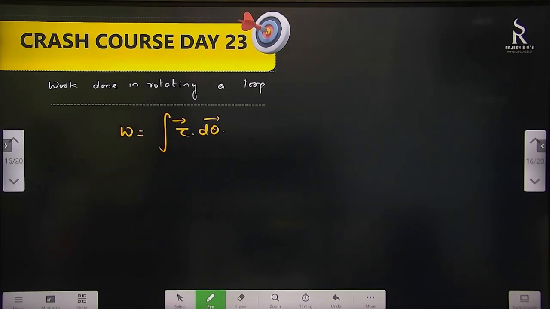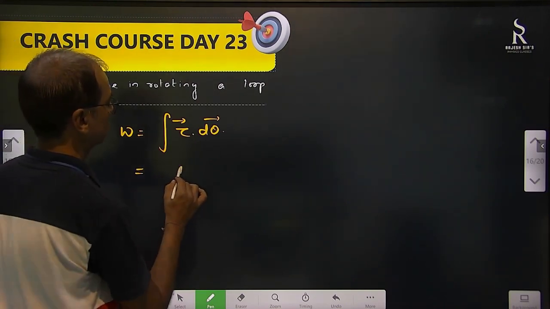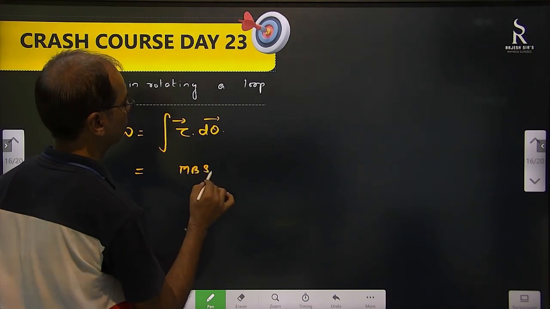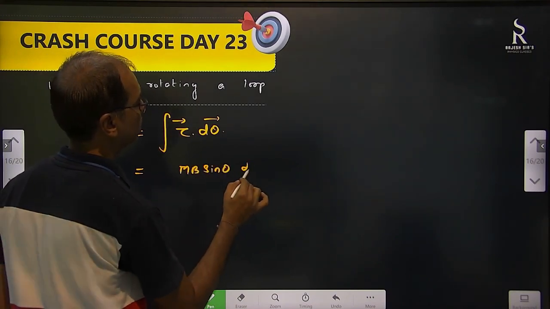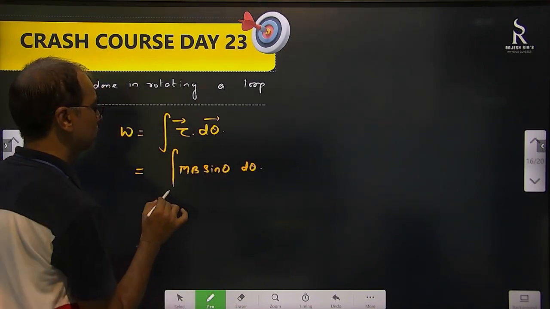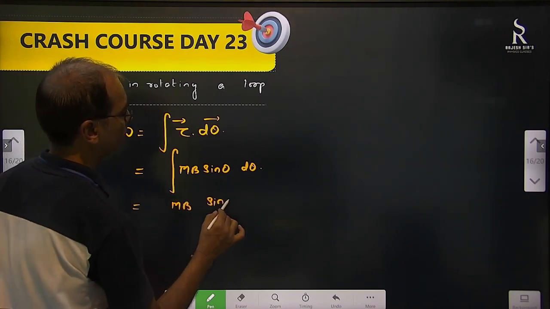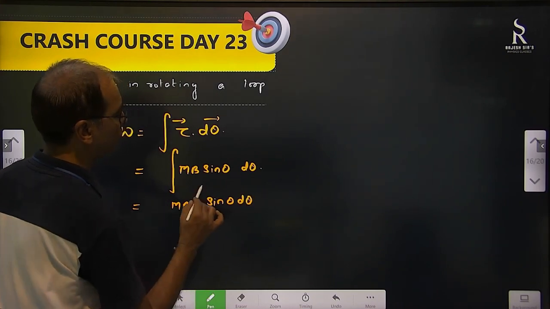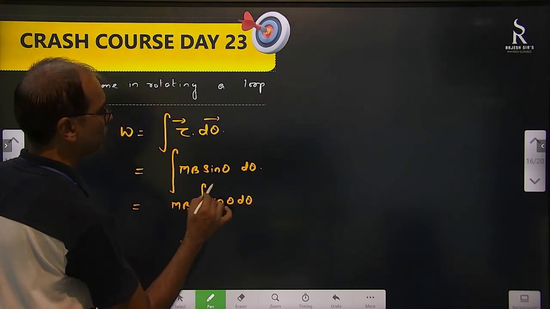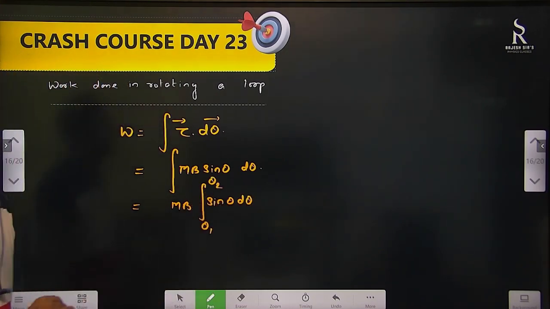So, this is tau d theta here. Now, tau is what? Tau is mb sin theta. So, you can say this is mb sin theta, and this is d theta. m and b are constant, so it becomes sin theta d theta. From where to where you are rotating? From theta 1 to theta 2. So, we will integrate it. What is integration of sin theta?